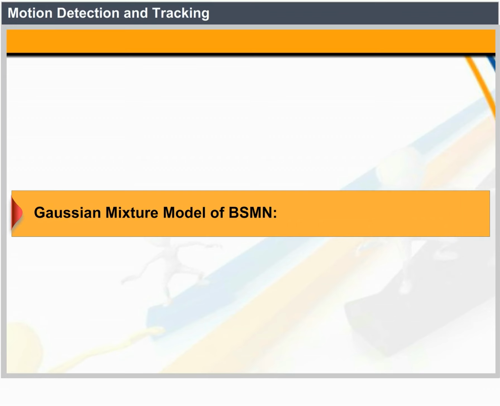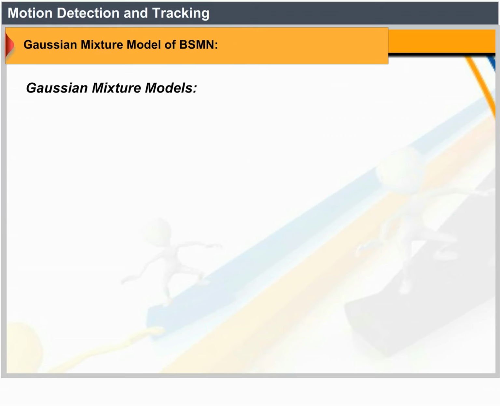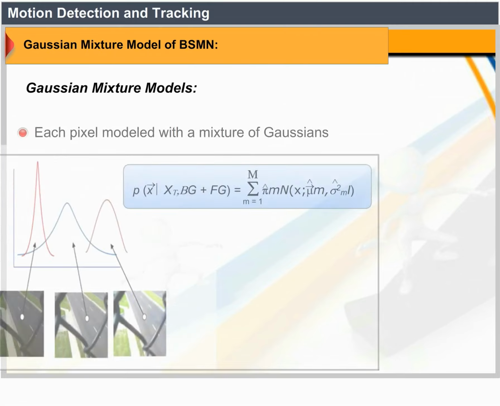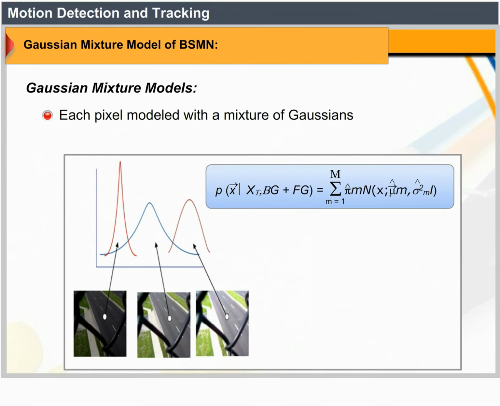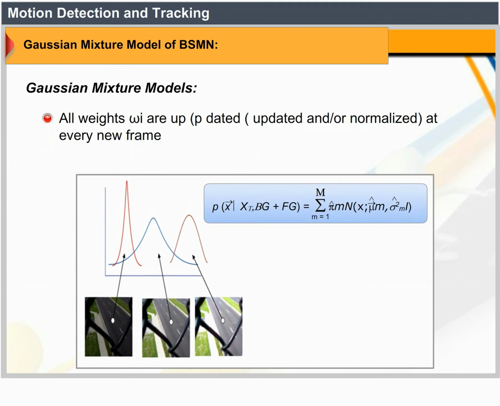Gaussian mixture model of background subtraction. Each pixel is modeled with a mixture of Gaussians, flexible to handle variations in the background. An example is shown on the screen. All weights wi are updated and normalized at every new frame.